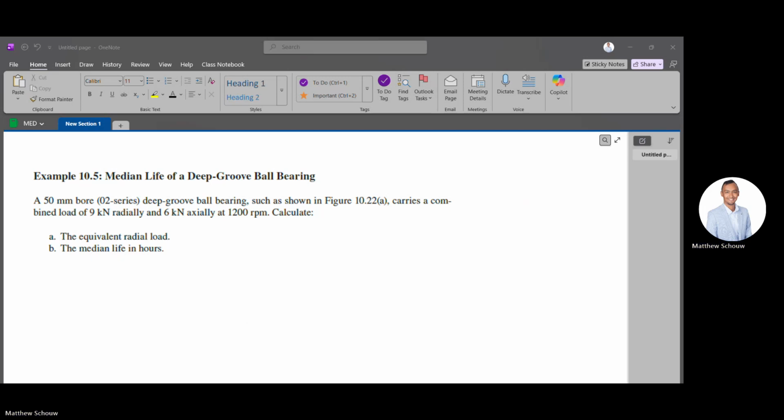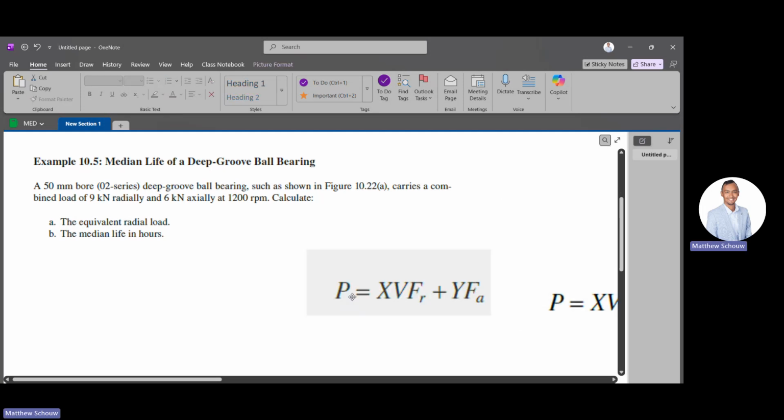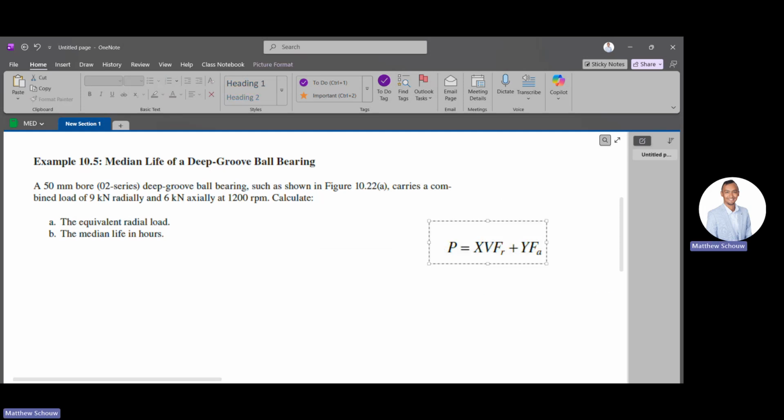To begin, what is important is I want to copy that formula so it's always in your mind. It's basically the fundamental formula for bearings. I'll paste it over here. And then it is your life formula, and you must be aware that it also depends on your reliability.